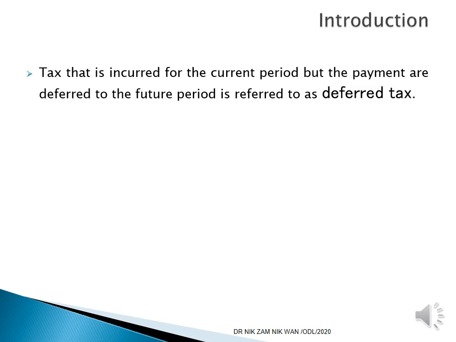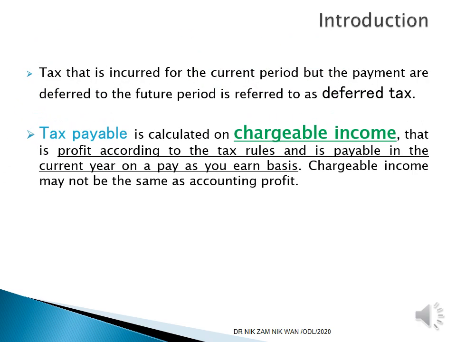Tax that is incurred for the current period but the payment is deferred to a future period is referred to as deferred tax. Tax payable is calculated on chargeable income, that is profit according to the tax rules, and is payable in the current year on a pay-as-you-earn basis.